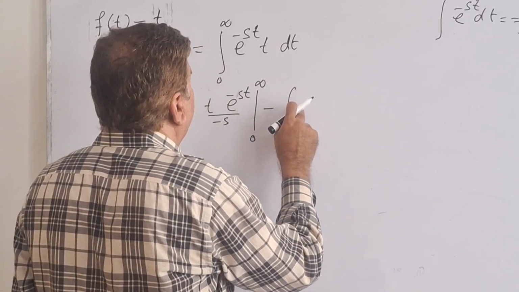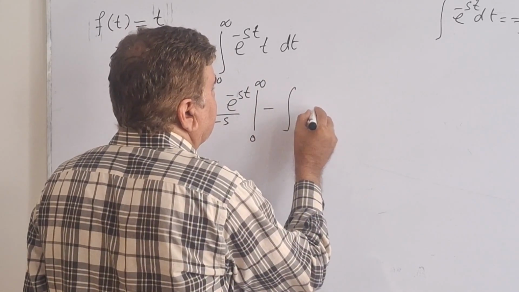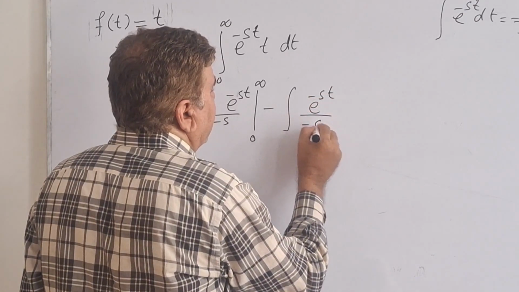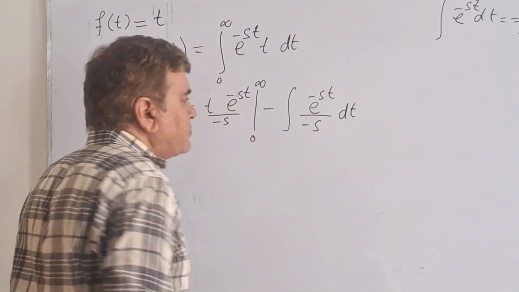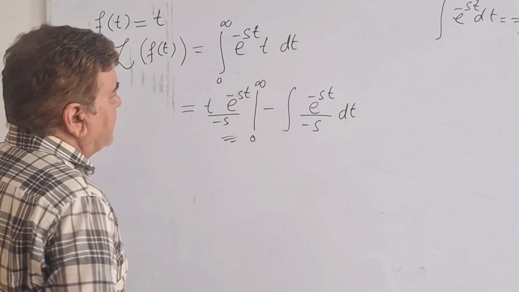I'm not writing that, and then the integral of the second function is again e to the minus st divided by minus s, and then that dt.